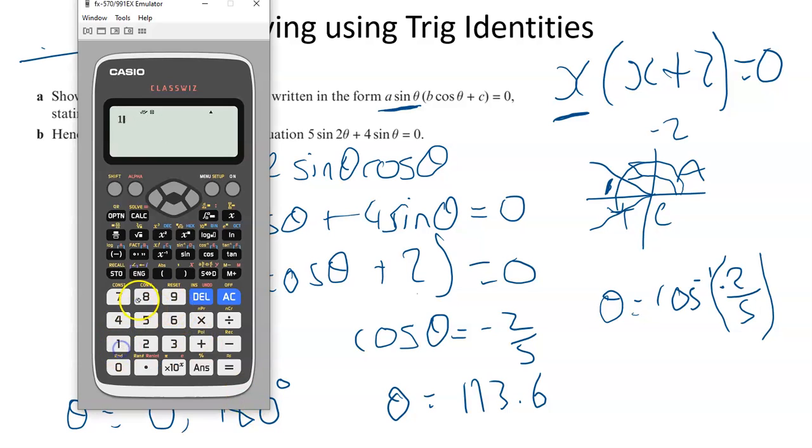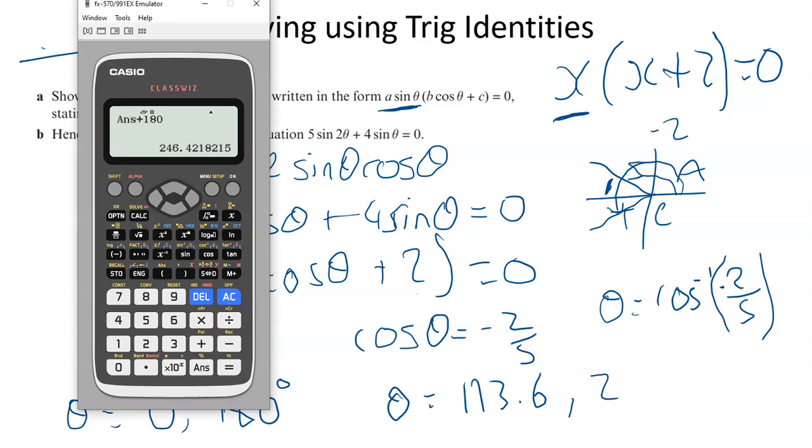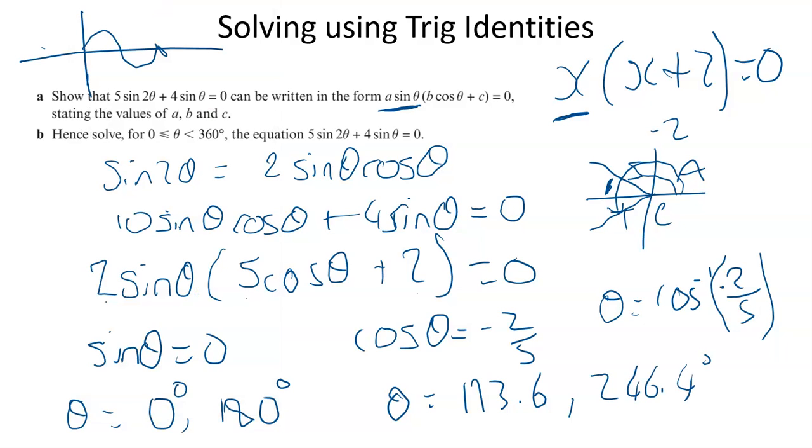So if we do 180 minus that answer, we get 66, and then if we add 180 onto that, the other answer should be 246.4 degrees. So we've got 4 answers for this just by using the factorized form like we would with a quadratic, and then doing the CAST diagram in order to find the various values of theta.